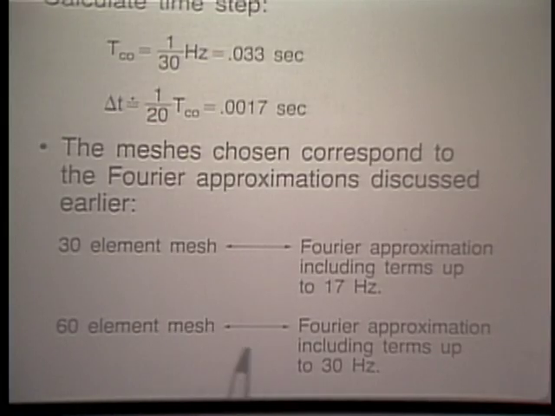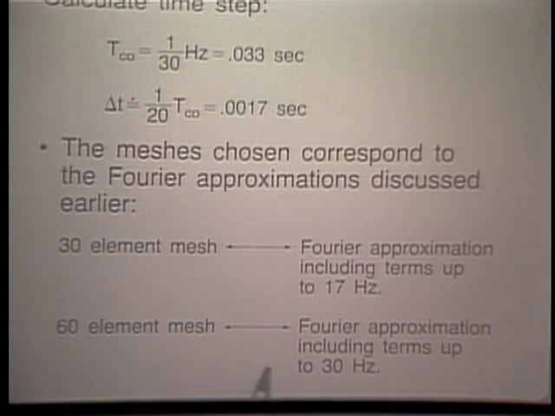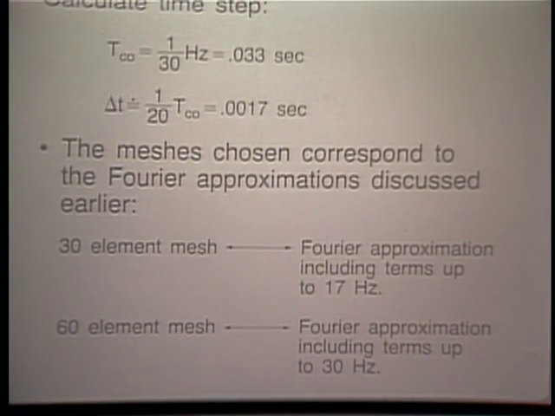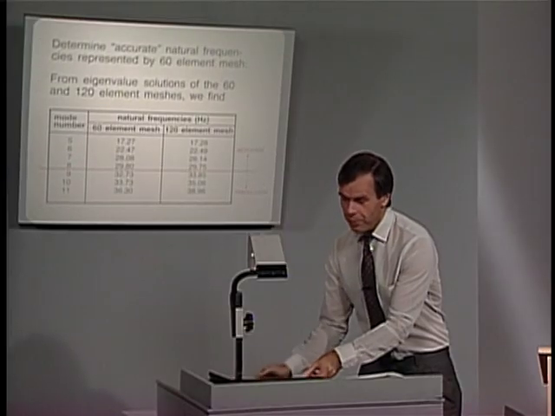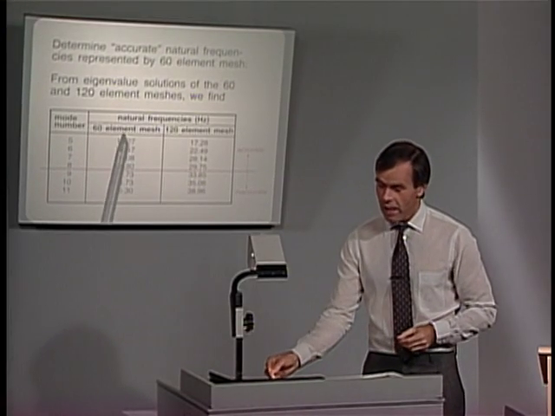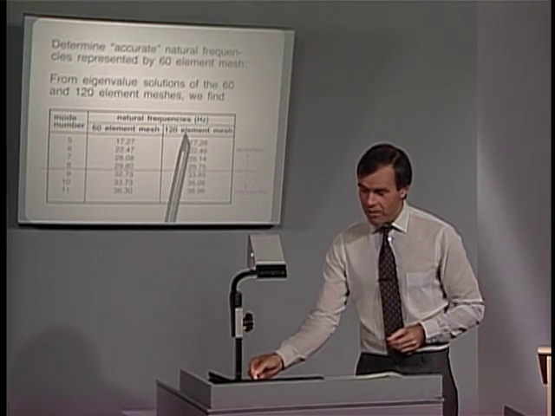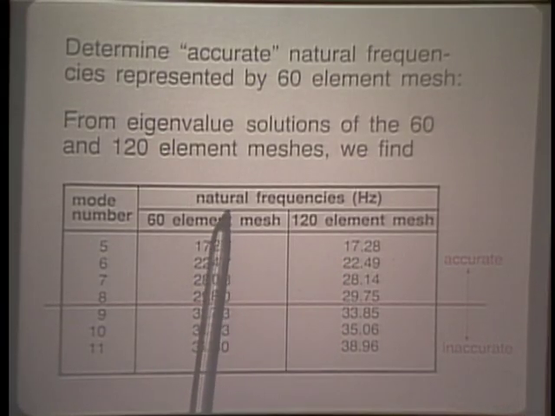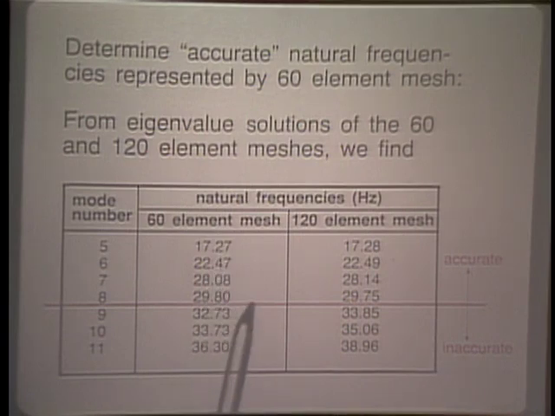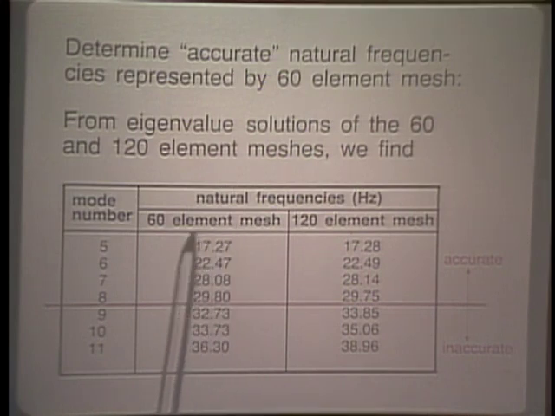If we proceed now with the same ideas to also look at the 60-element mesh, then we perform there also the frequency analysis for the 60-element mesh and the 120-element mesh, and we find that for up to 30 Hz in the 60-element mesh, we again represent all the frequencies accurately.